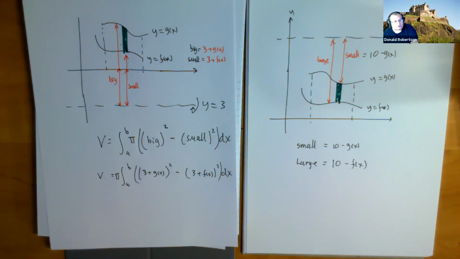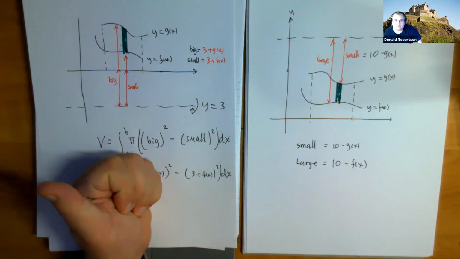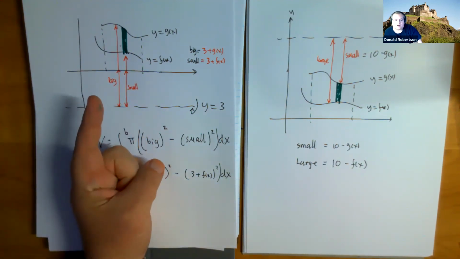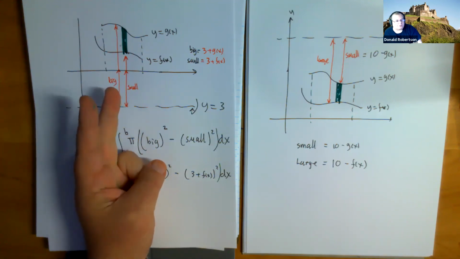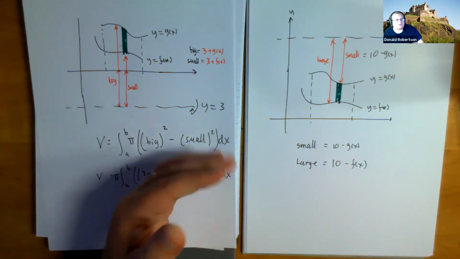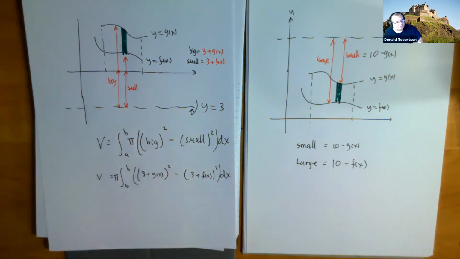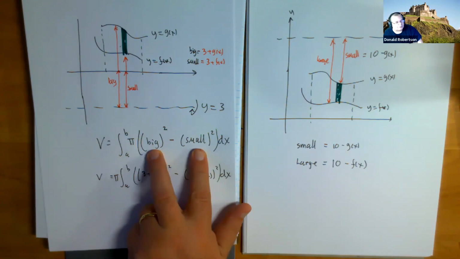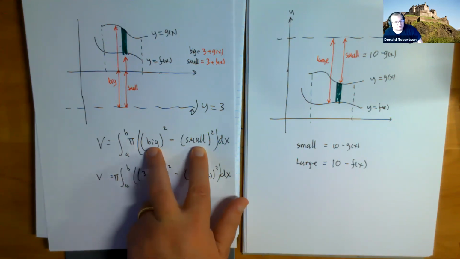Single function x, double function x. Single function parallel to x, double function parallel to x. Have the line below the x-axis, have the line above the x-axis. They all boil down to finding these two things: what's the biggest distance to the axis of rotation, and what's the shortest distance, and making sure that they're in terms of x.